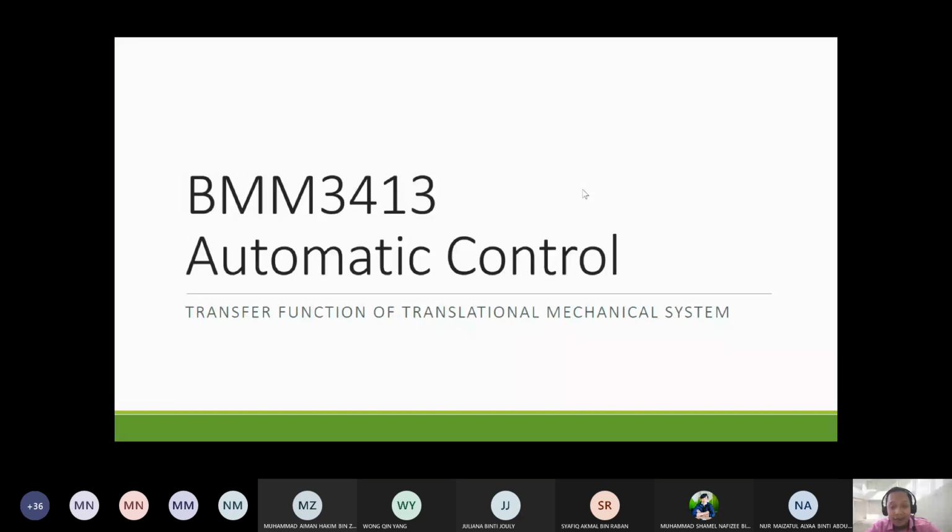Today we will learn how to derive the transfer function from a translational mechanical system. A translational mechanical system is a system that involves motion either horizontally or vertically without involving any rotation.